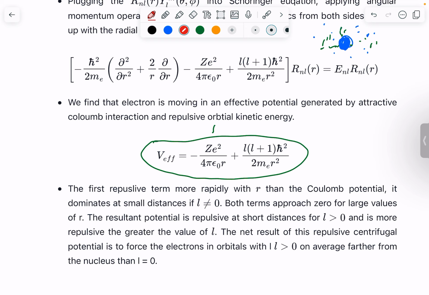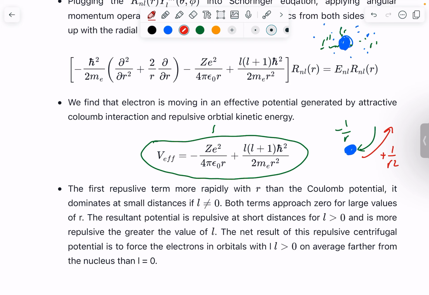In some sense, we can see where the stability can emerge. The potential tries to pull in the electron with a minus 1 over r dependence. And then we also have the repulsion that comes from the kinetic energy operator. It has a 1 over r squared dependence, and it's trying to push the electron away. So this shows that we're going to have some kind of happy average distance where the electron is most likely to be found.